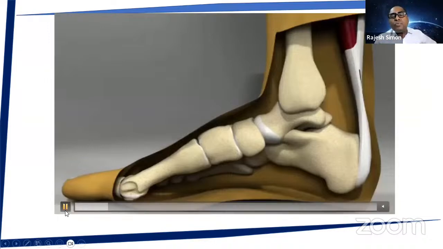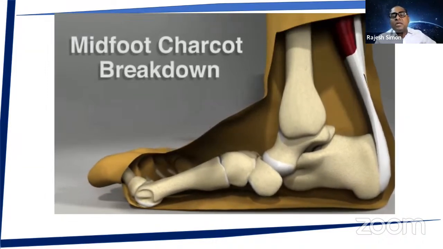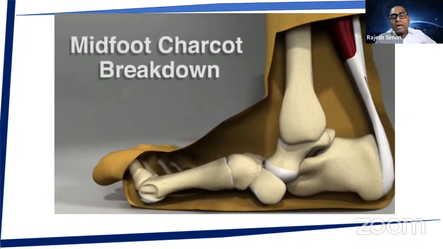Look at this, how the bone changes. If you look at this video, this is how the bone collapses. What happens is the osteoclastic effect is so much activated just because you're moving. In diabetic patients, most of us say that you walk, make sure that you walk so that your sugars are down, keep on moving your fingers so that your circulation is better.